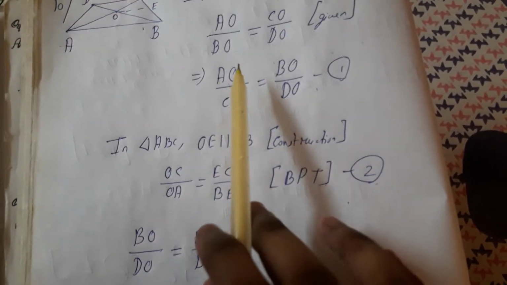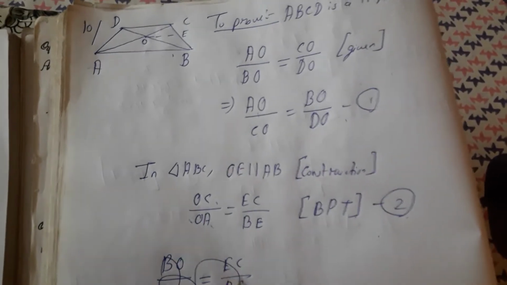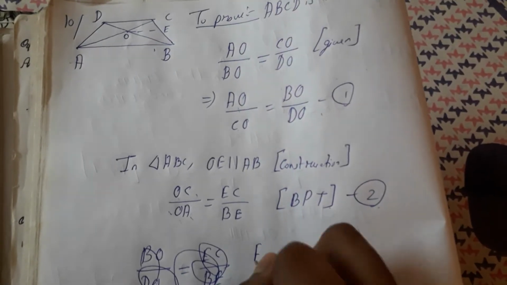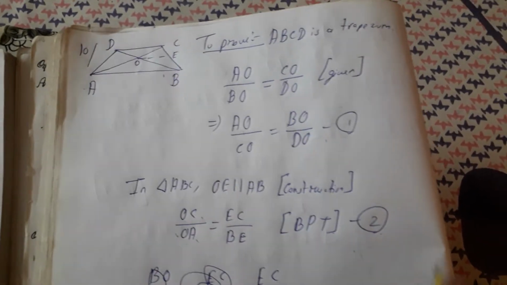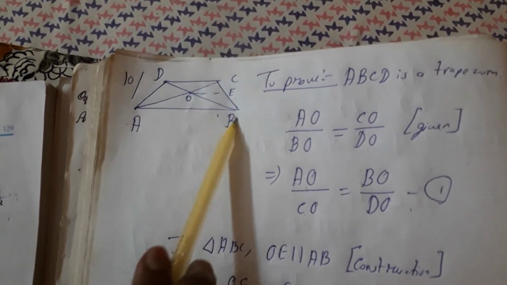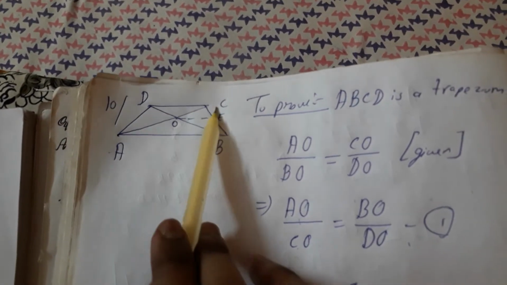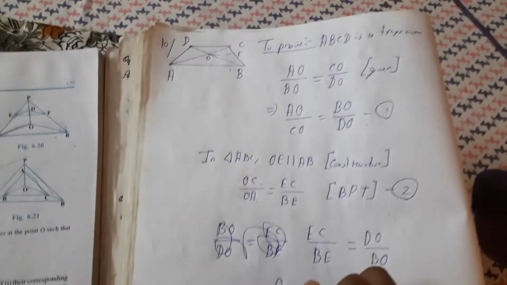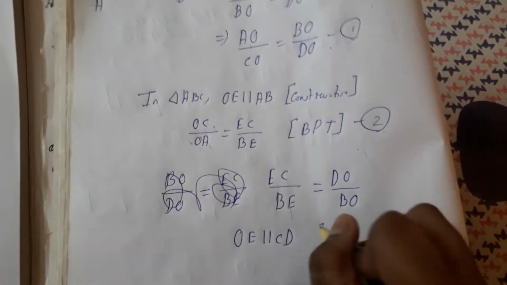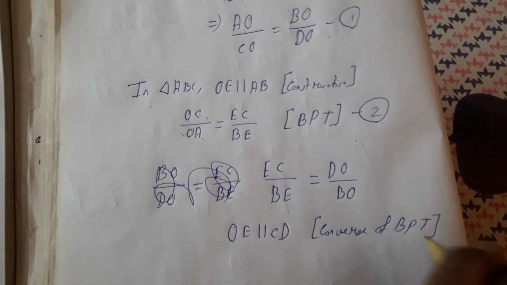One minute students. There you see AO by CO and OC by OA. So from this equation we can write EC by BE is equals to OC by OA, so DO by BO. Now see, EC by BE is equals to DO by BO. So we can write OE is parallel to CD by converse of BPT.